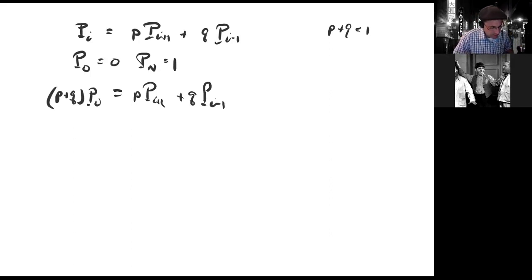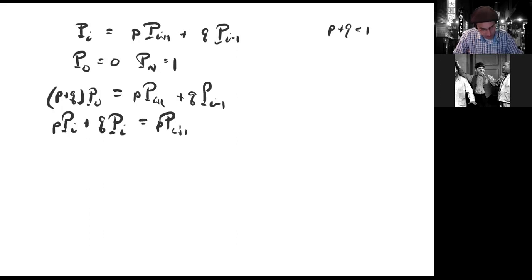Now, I'm going to get the like terms on the left together. So I'm going to think of this as P times P sub I plus Q times P sub I equals P times P sub I plus 1 plus Q times P sub I minus 1. Now you can reorder the terms in the following way.